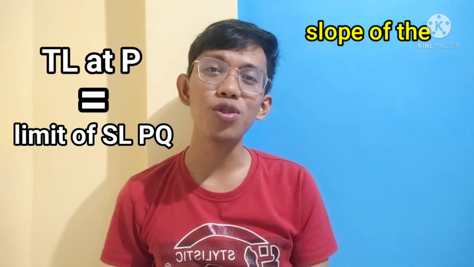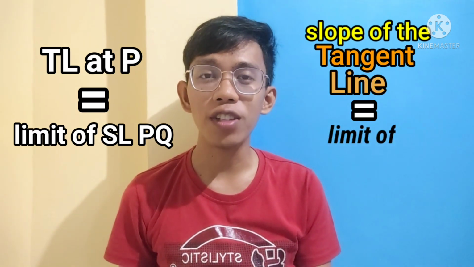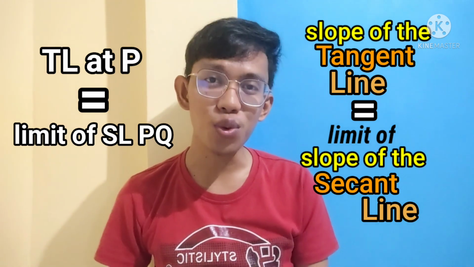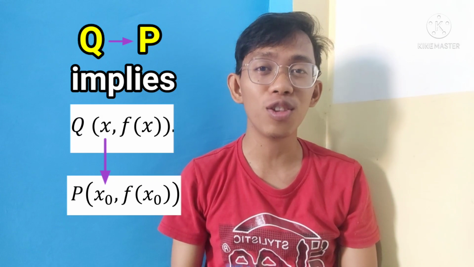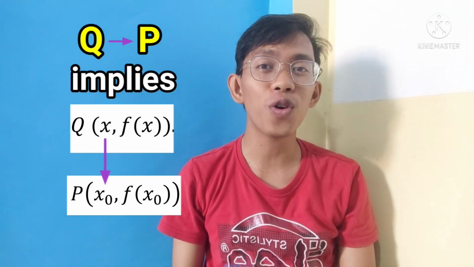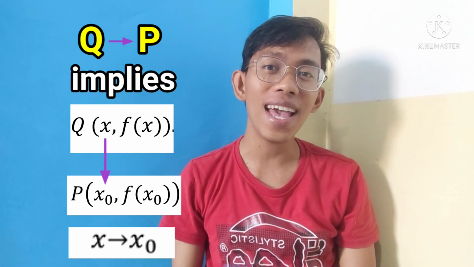Meaning, makukuha natin yung slope ng tangent line by evaluating the limit of the slope of the secant line as Q approaches P. And we understand that the expression Q approaches P implies that yung x-coordinate ni Q is approaching the x-coordinate of P. That is, x is approaching x sub 0. Finally, ganito natin i-define yung equation for the slope of the tangent line to the graph at point P.